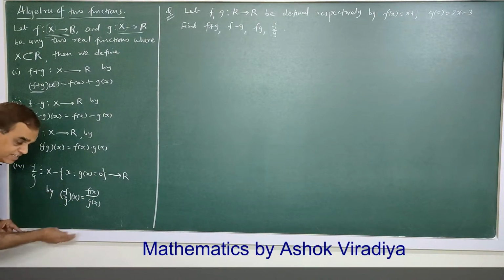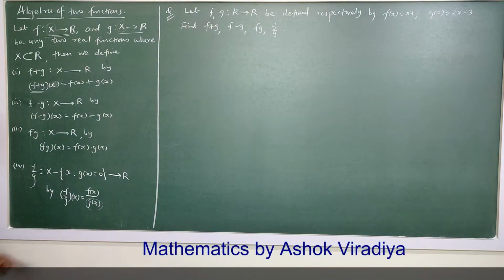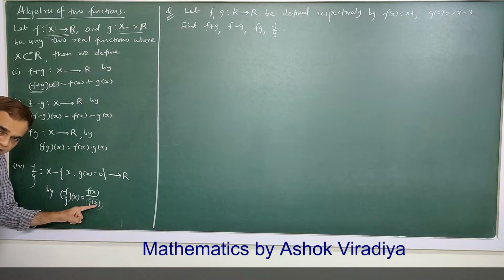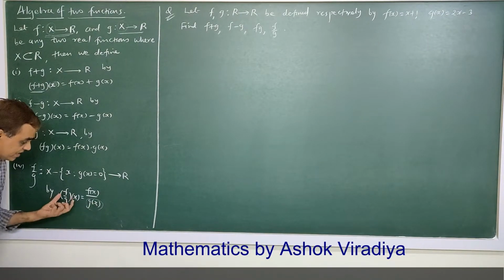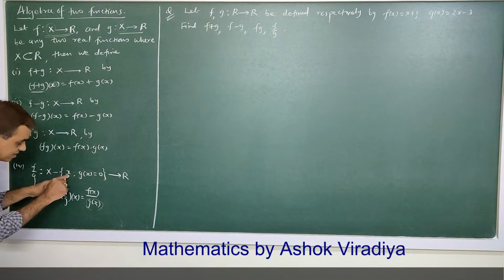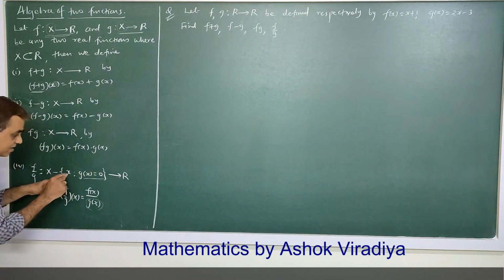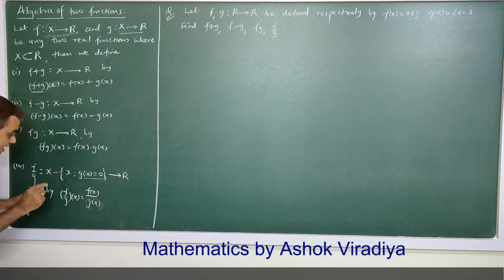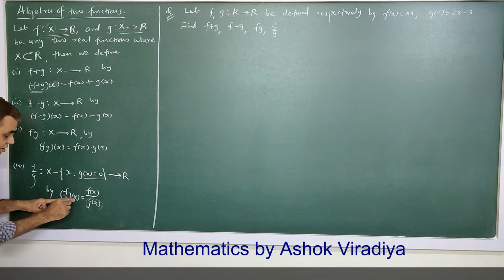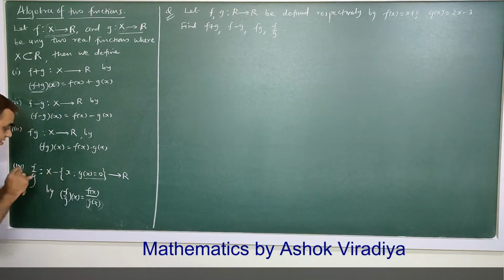This is defined only if the denominator is non-zero. If there is any x for which g(x) is 0, then this is not defined. So if any x has image 0 under g, then this x should not be taken in this machine. Those x are not allowed for which g(x) is 0. That's why we exclude those x from the set X.